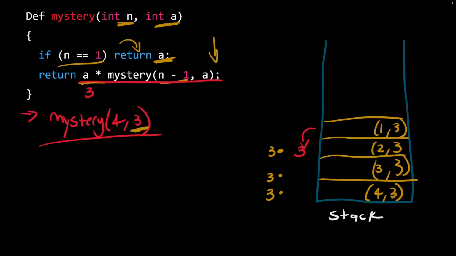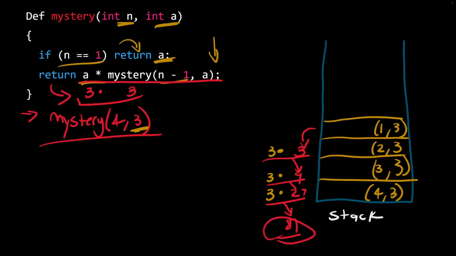Finally, we're going to get 3 times 3, and that's going to return a 9. 3 times 9, we're going to get a return statement, 27. 3 times 27, we're going to get a return statement, 81. And the answer to this question is indeed 81, and that is how you would solve it. Let's try another one.